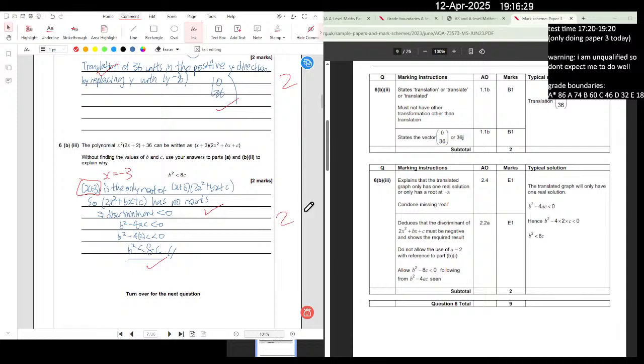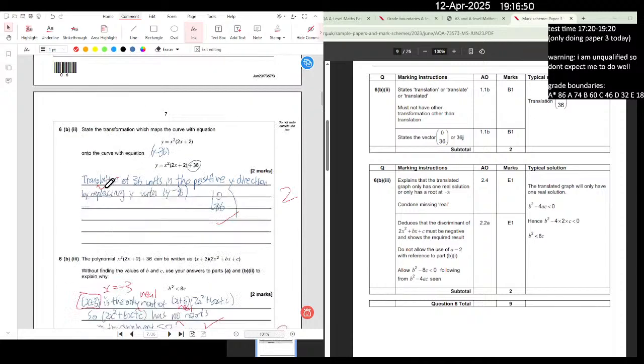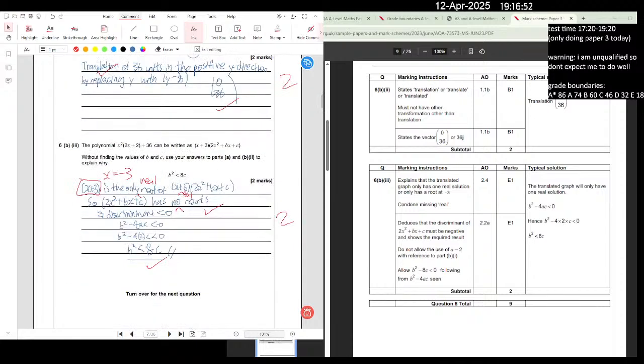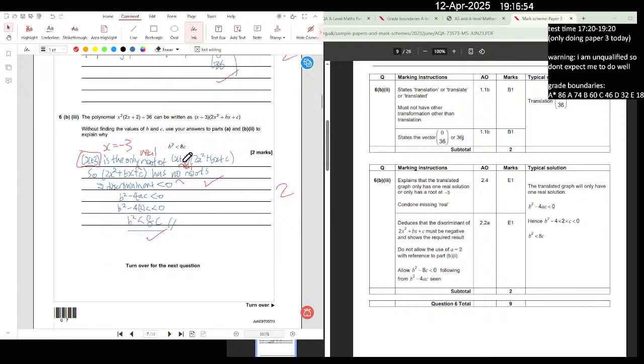That's a bit of a phrasing error, but other than that, it's still the same. Oh yeah, condone missing real. This should also have real root, and this too, real roots. But they say condone missing real, so they're okay with it.